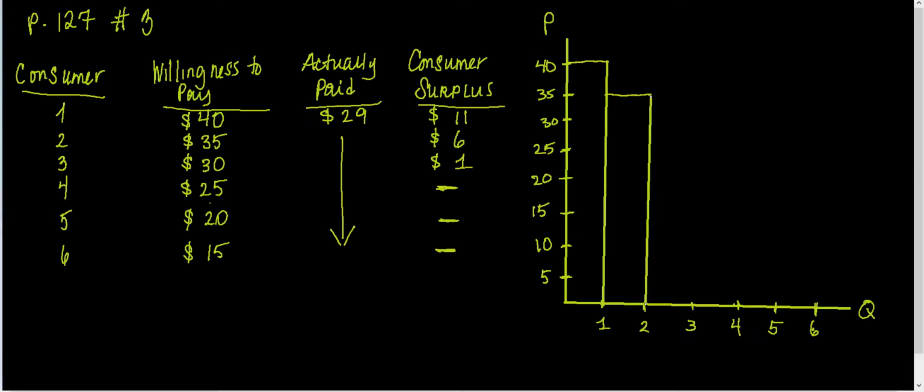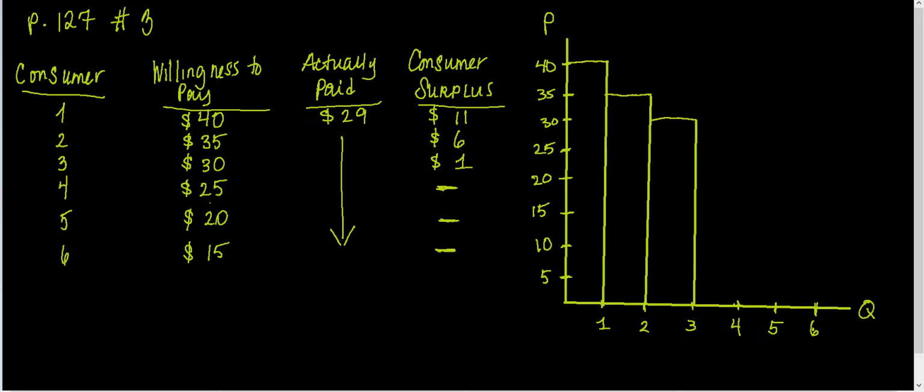And the height of each bar tells me the max that they're willing to pay. So let's think about consumer 3. Consumer 3 is willing to pay a max of $30. Consumer 4 is willing to pay $25.